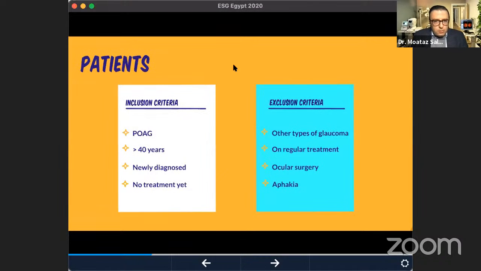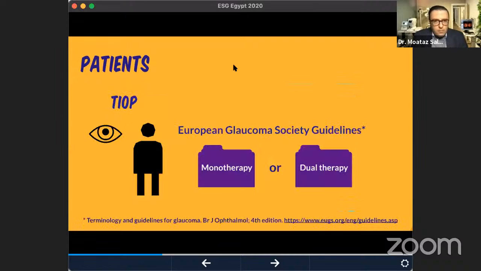Patients older than 40 years that are newly diagnosed and not treated yet were included in the study, while patients having other types of glaucoma, or in regular treatment, or having previous ocular surgeries, or aphakic were excluded. The target intraocular pressure was estimated according to the European Glaucoma Society guidelines and achieved either by monotherapy of travoprost or dual therapy of a combination of travoprost and timolol.